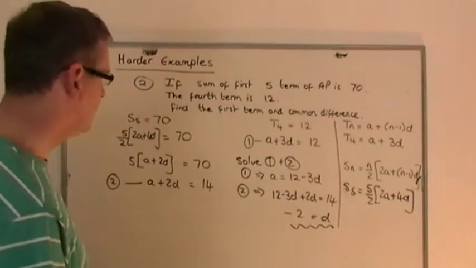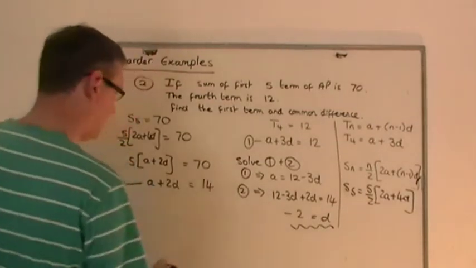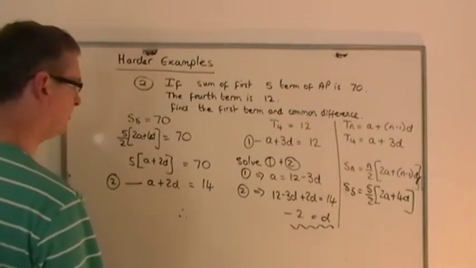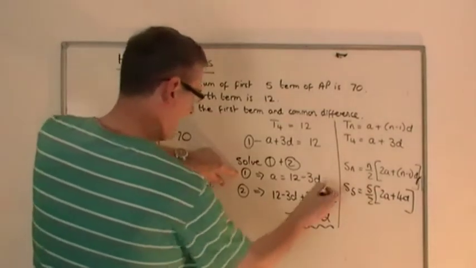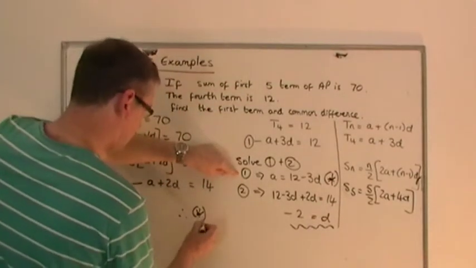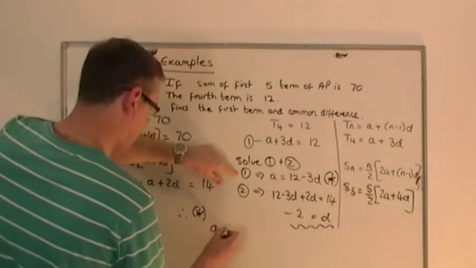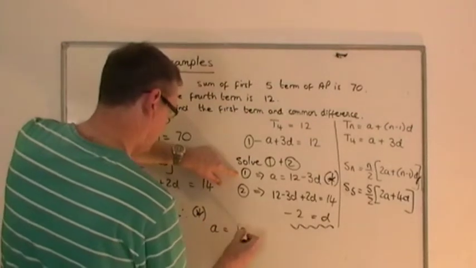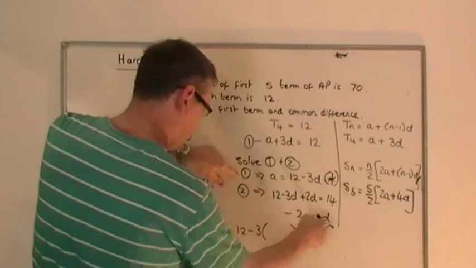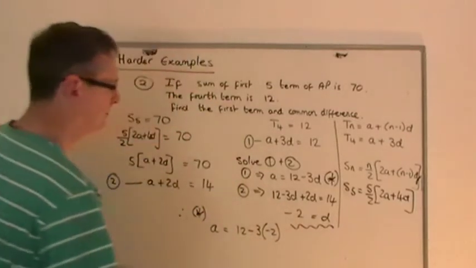Okay. Next, if d is minus 2, therefore, if we go to this one here, which I'll highlight with an asterisk, the asterisk line is going to give us that a is equal to 12 take away 3d. So to take away 3 lots of d, be careful, d is negative 2.